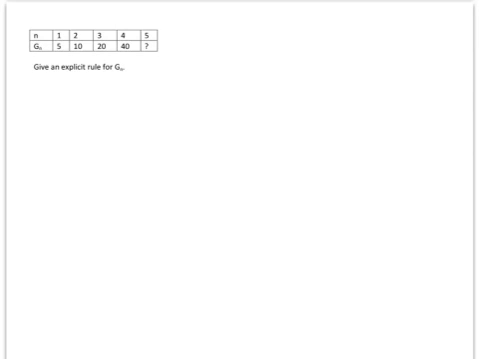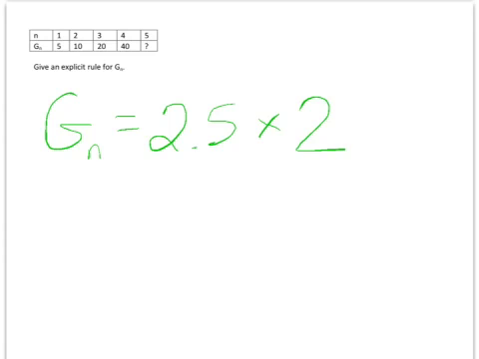The explicit rule is a little more complicated, but if we just think about what we're doing here, to get from one term to the next, we're multiplying by 2. So to get to any specific term, I'm going to start with 2.5 and multiply by 2 over and over again. How many times should I multiply by 2 to get to G sub n? Well, n times.